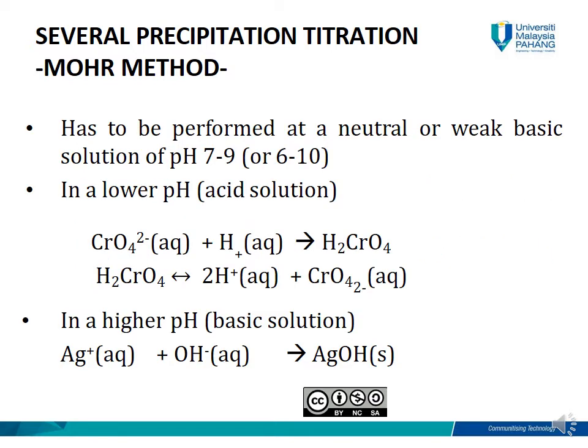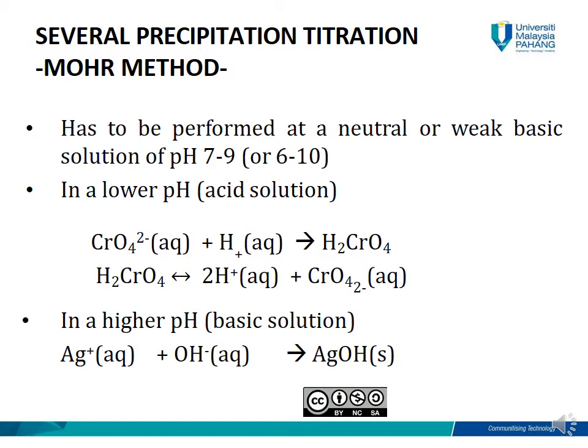Okay, now for the Mohr method, the pH effect. Basically, this method has to be performed in a neutral or weakly basic solution of pH 7 to 9, or starting from pH 6 until pH 10.